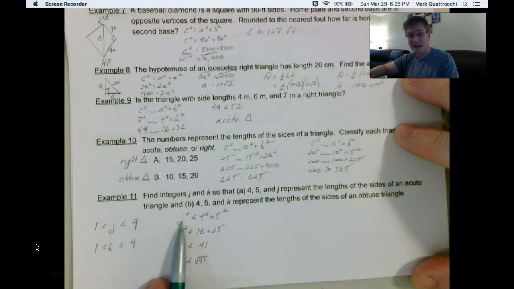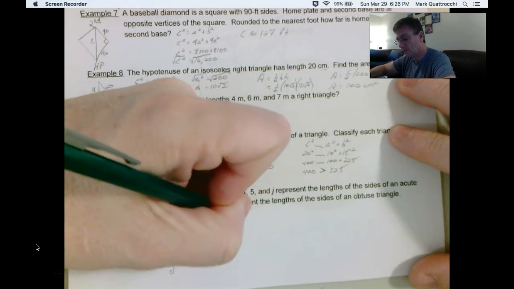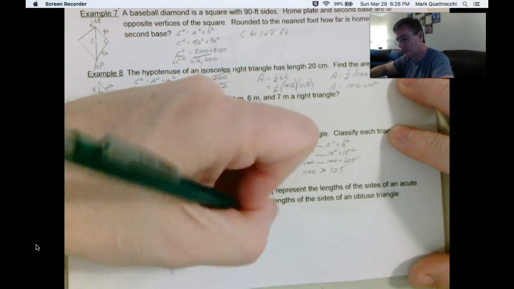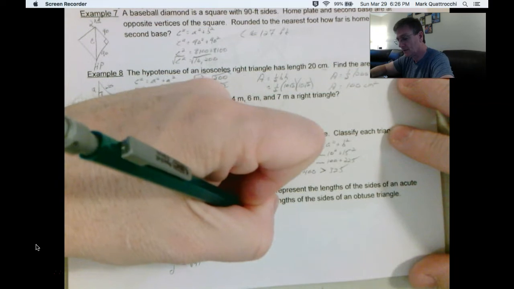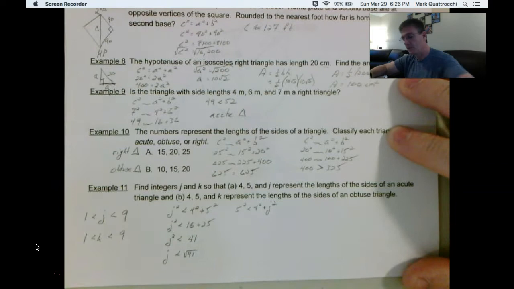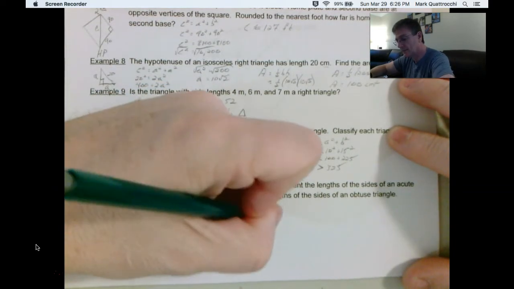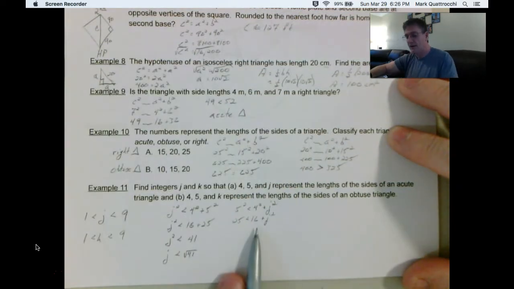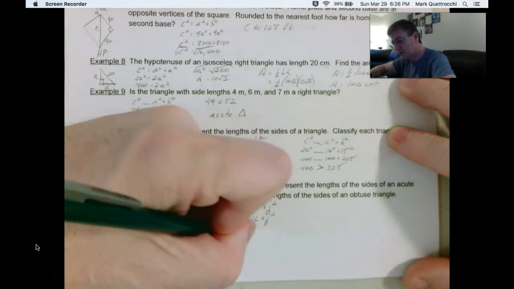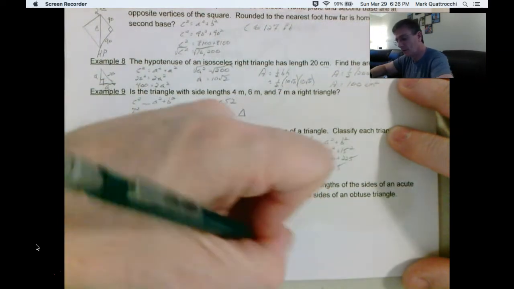Okay, so now I know J has to be smaller than square root of 41, which is about 6.4. But what if J is not the largest of the three sides? So we got to do this again. Now 5 is going to be the longest. 5 squared less than 4 squared plus J squared. 25 less than 16 plus J squared. Now I got to subtract the 16 from the 25. J squared greater than, I'm flipping things around, 9.